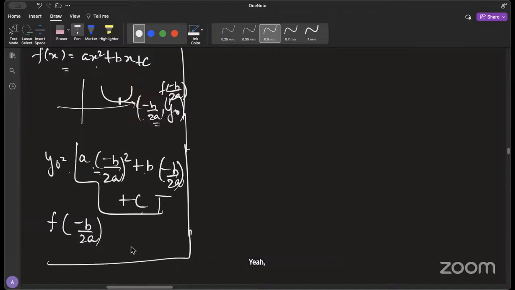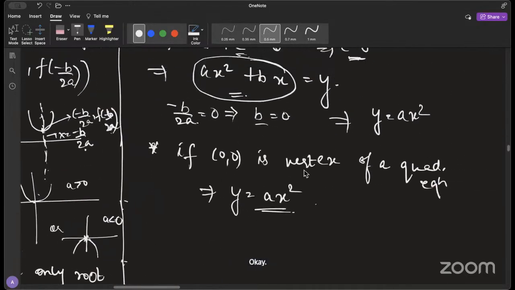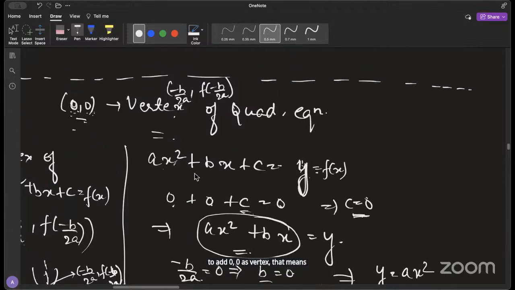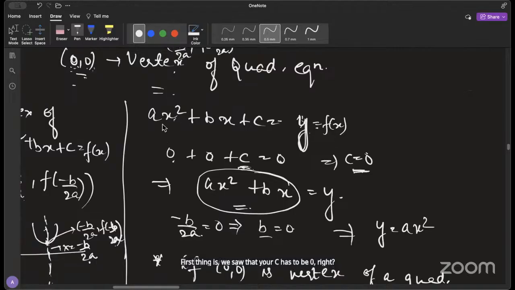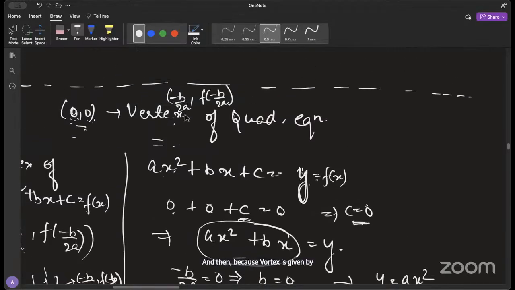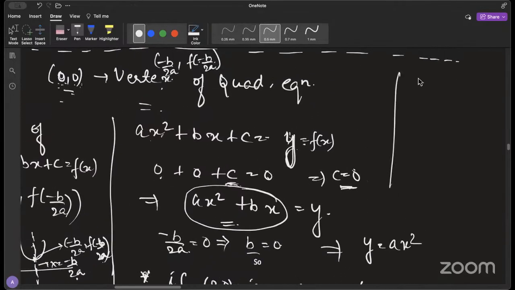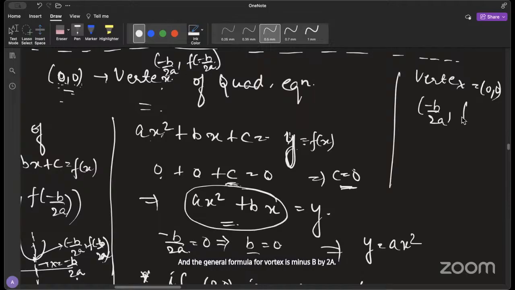Okay. So you have (0, 0) as vertex. First thing is we saw that your c has to be 0, right? And then the vertex is given by minus b by 2a and f of minus b by 2a. So the vertex is given to be (0, 0), and the general formula for vertex is (minus b by 2a, f of minus b by 2a).